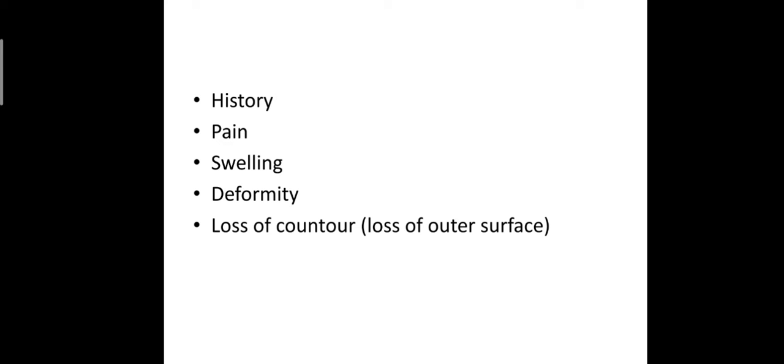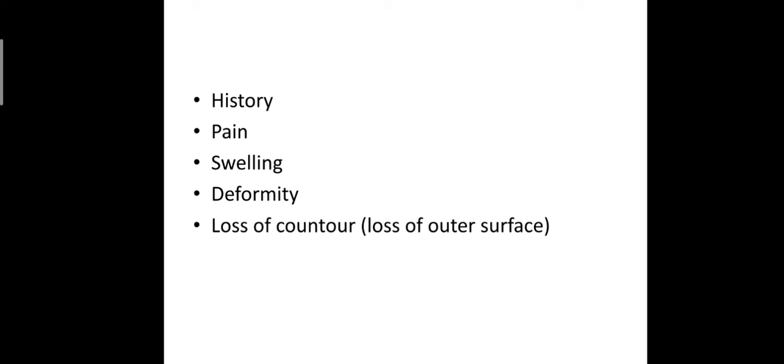The shoulder joint consists of a series of four articulations. Number one, glenohumeral joint, that is the true shoulder joint, between the glenoid cavity of the scapula and the head of the humerus. Acromioclavicular joint, between the acromion process and the lateral end of the clavicle.